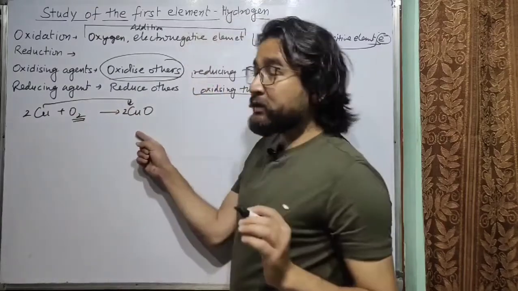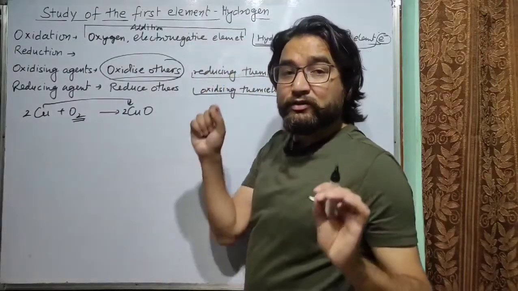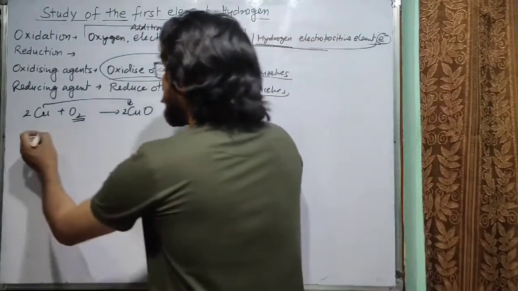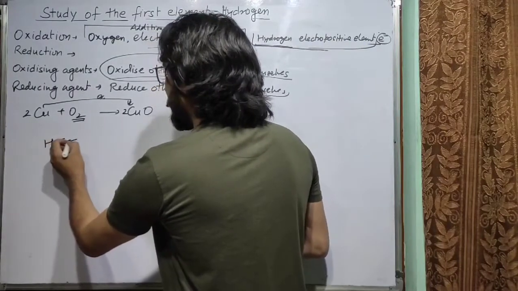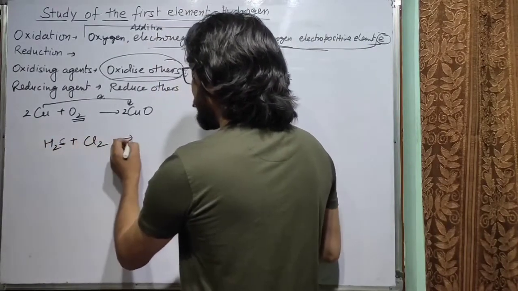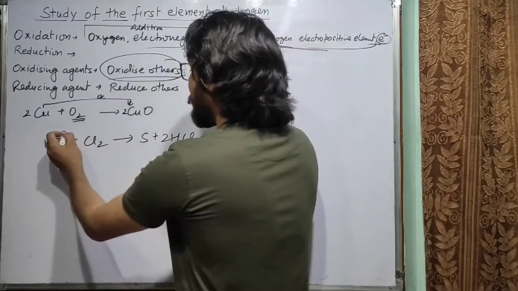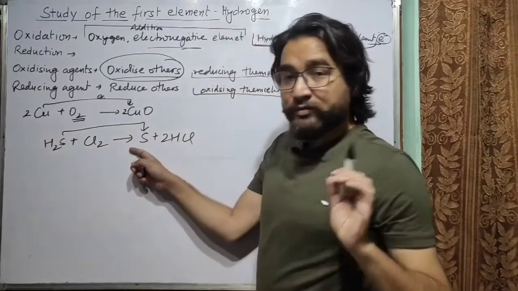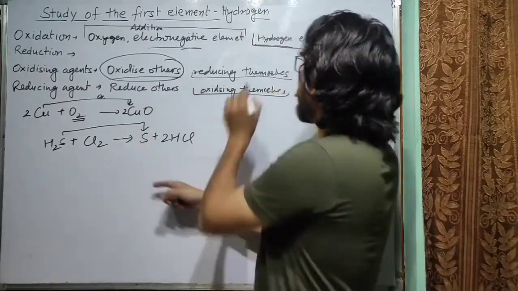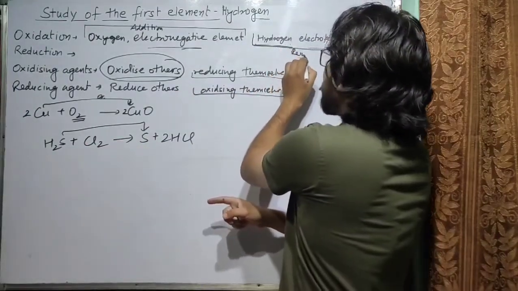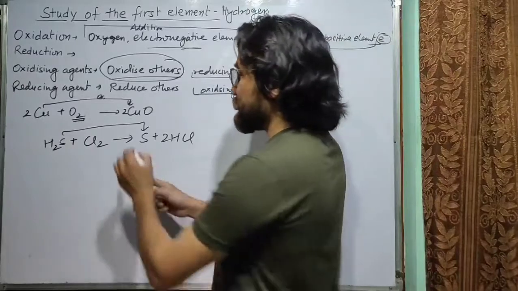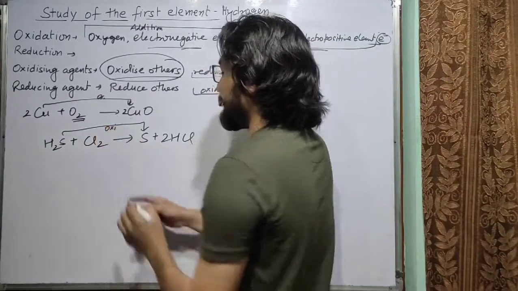Now similarly, removal of hydrogen is also known as oxidation. So let's see, H2S plus Cl2 will give S plus 2HCl. So you can see hydrogen is being removed from sulfur. Removal of hydrogen is known as oxidation. So oxidation of sulfur again.